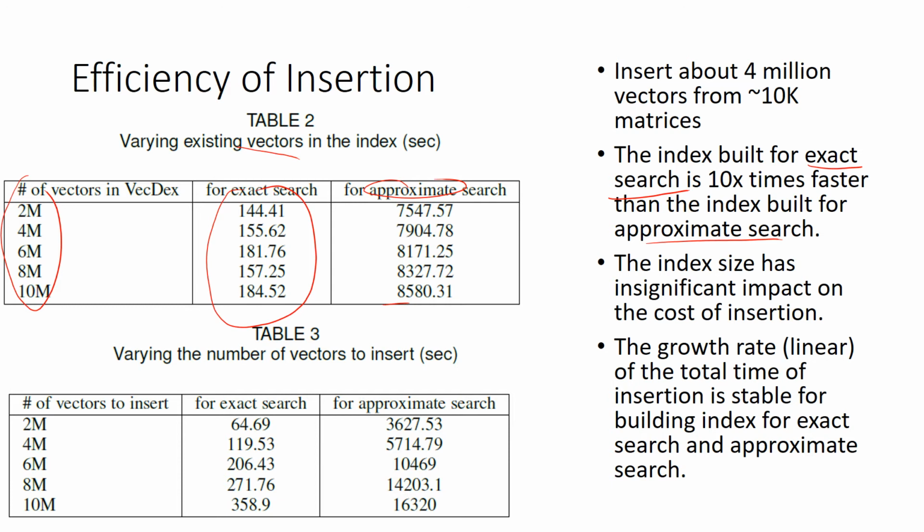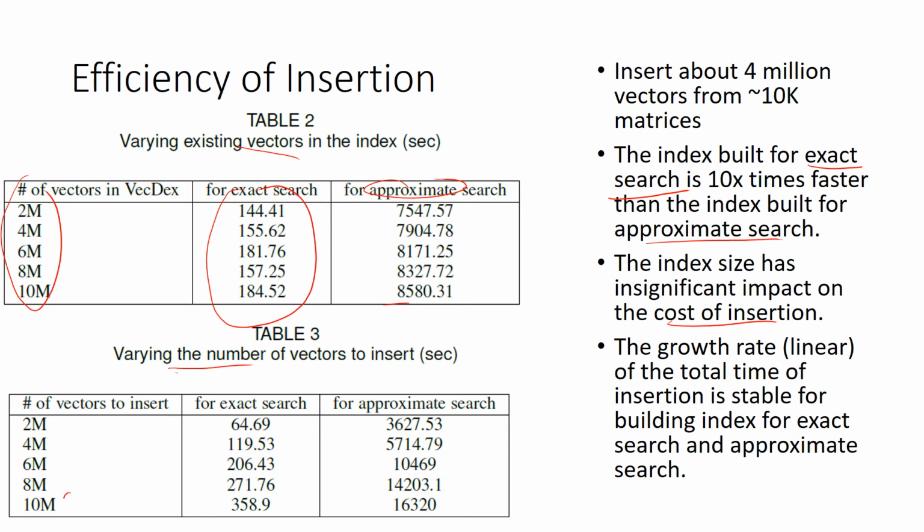Also, the index size has insignificant impact on the cost of insertion, and the growth rate of the total time of insertion is stable for building index for exact search and approximate search. And we also conduct experiments varying the number of vectors to insert.